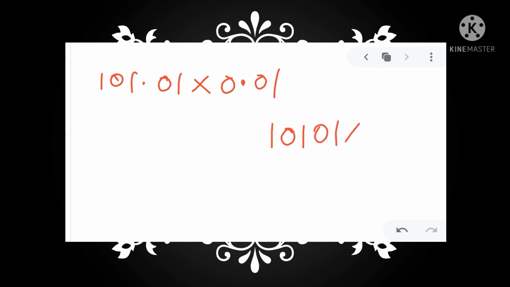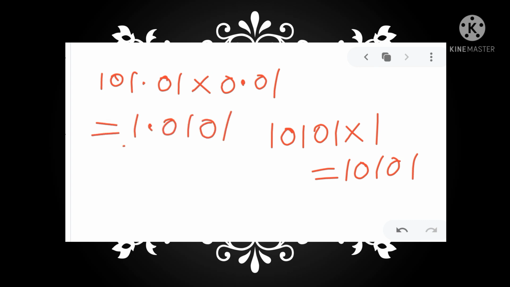The next one, 101.01 into 0.01. Since we want to multiply 10101 into 1, the answer is the number itself, but here we want to check the decimal places. Total 4, so the answer is 1.0101.